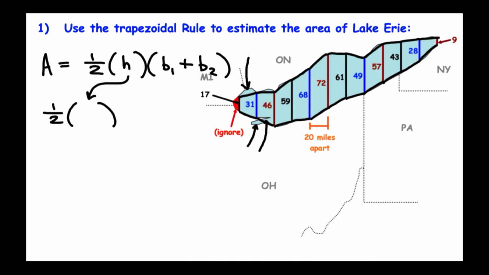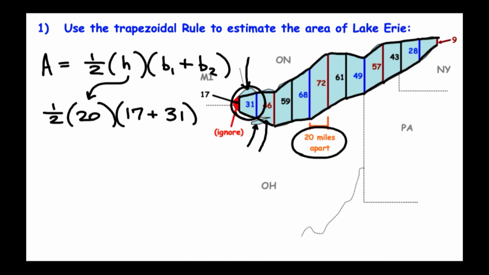Notice it says that we're going across the lake every 20 miles. That means that this height is going to be 20. In fact, the height of every single trapezoid in my picture is 20, so that you're going to have 1/2 and 20 every single time. The two bases on this Toledo trapezoid out here are going to be the 17 over by the state of Michigan and the 31.